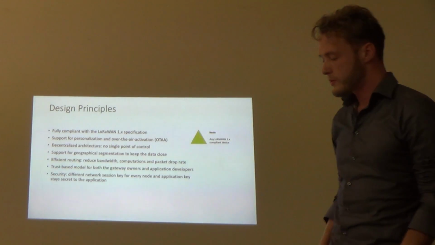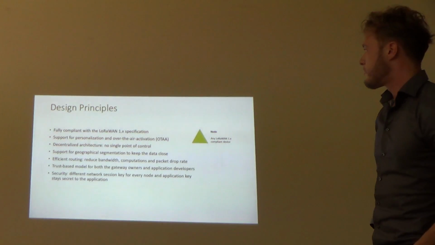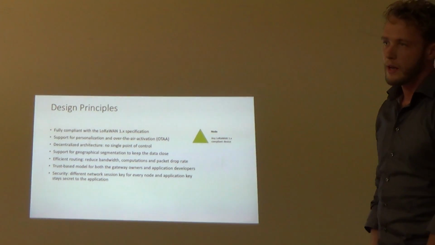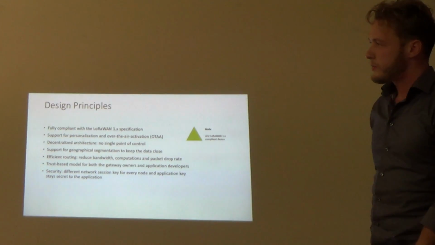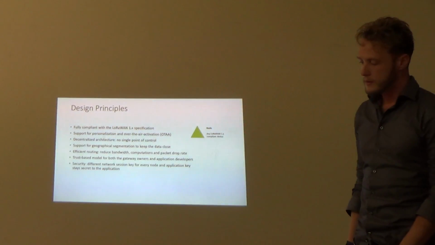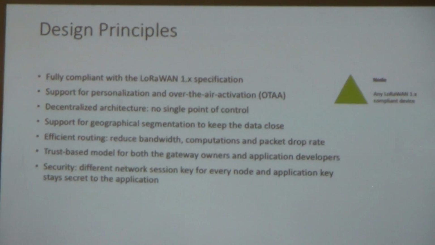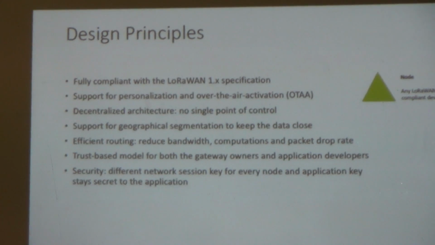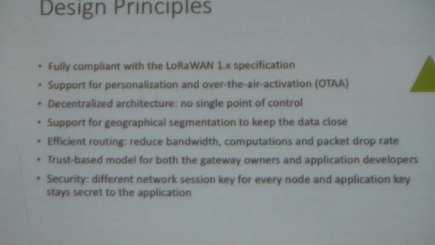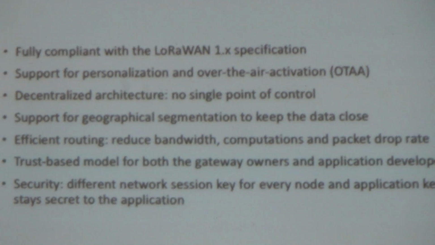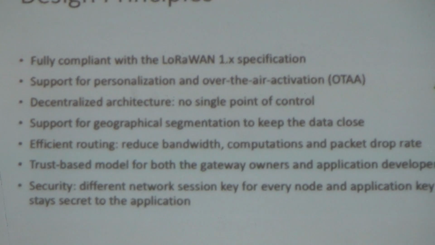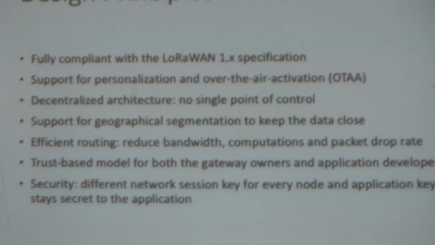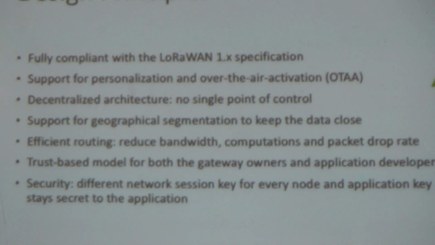So the design principles. The first one is really important. We want to be fully compliant with the LoRa 1.0 and 1.1 specification. We want to support both personalization and over-the-air activation from the start. And actually we are preferring over-the-air activation because that is where the scale is. As Winky also introduced, one of the principles of The Things Network in general is that we don't want to have a single point of control.